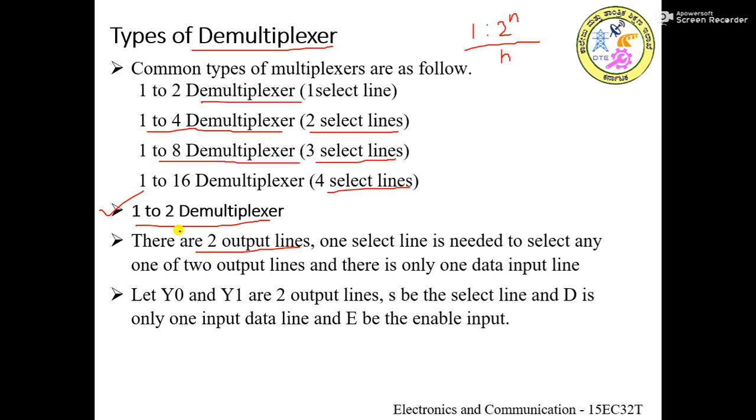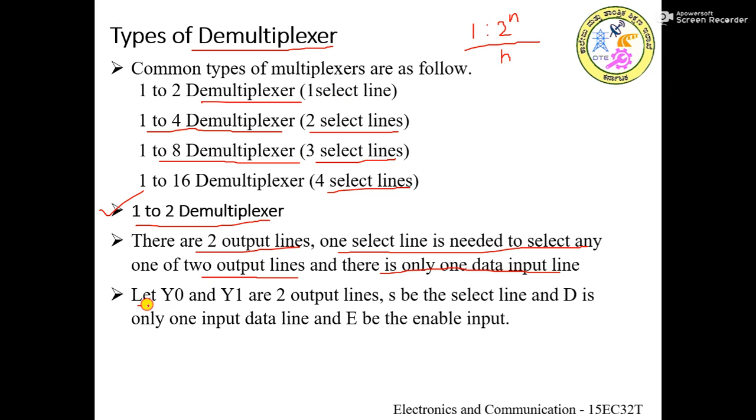There are 2 output lines and one select line is needed to select any one of the 2 output lines. So remember, this was for input lines in case of multiplexers, but here the same is written for output lines, and there is only one data input line, 2 output lines and one select line.